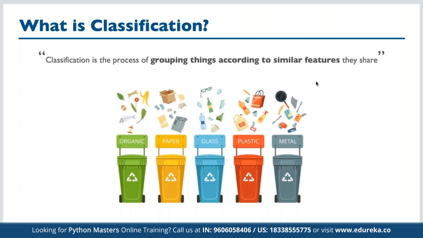So why are we calling it supervised learning? Because we know which object would belong to which class. And how do we know that? We have certain mapping done in our brain based on our historic learning. So we can identify which object belongs to which class, right? So we can easily put our waste products into the designated class.